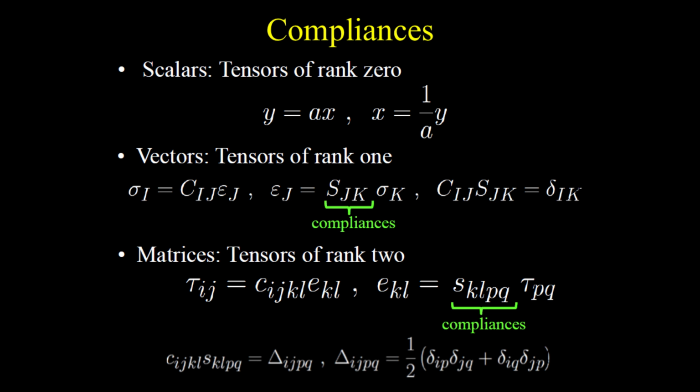For an inverse linear relationship between two 6-component vectors, such as stress and strain tensors in abbreviated notations, we have 36 constants. Remember that the summation convention is used here. The constants of proportionality, Sij, are known as elastic compliances.